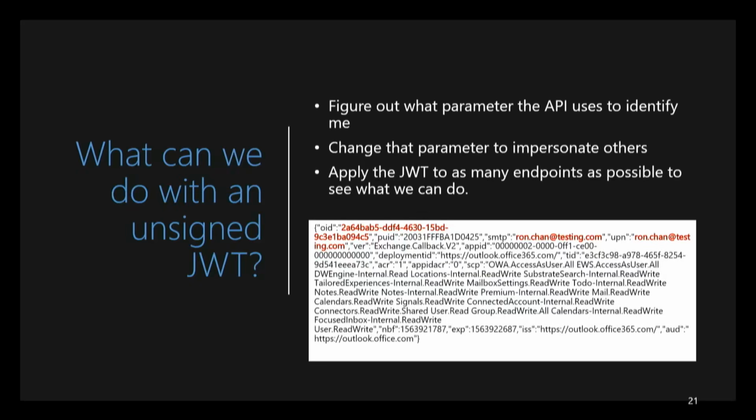But how do we get the OID of other users? As you can see in this screenshot, it is highlighted in red. It is a long UUID that no one can brute force, and you cannot enumerate that. So naturally, as a bug hunter, we have to read a lot of documentation.